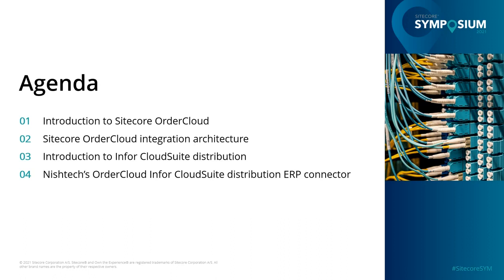We need a quick overview of the Infor Cloudsuite distribution ERP system before we talk about the OrderCloud connector for Infor Cloudsuite distribution ERP. Finally, I will discuss the features, architecture, and benefits of Nishtech's OrderCloud connector for Infor Cloudsuite distribution ERP.